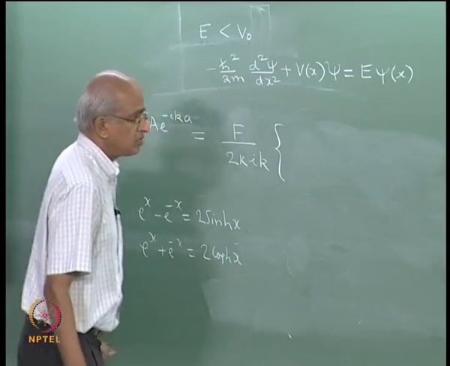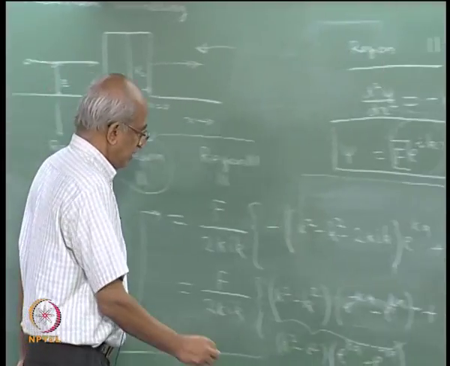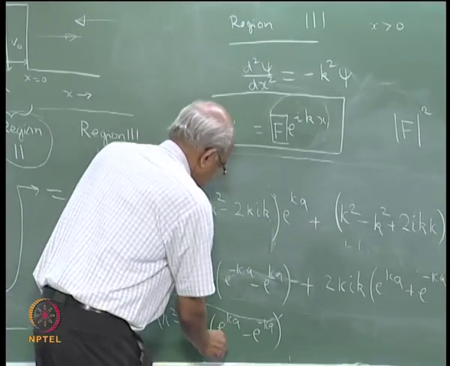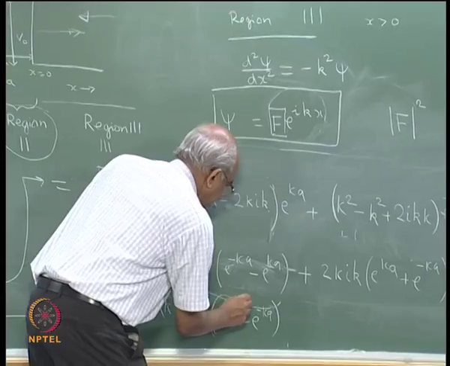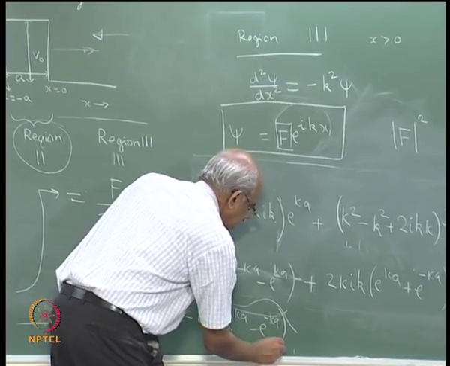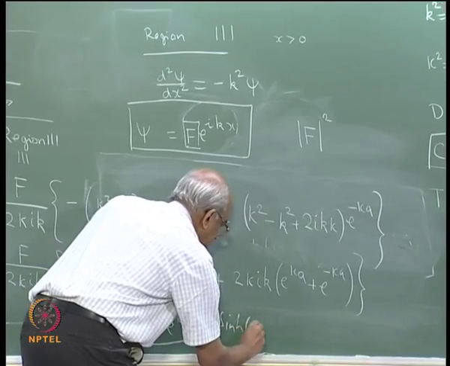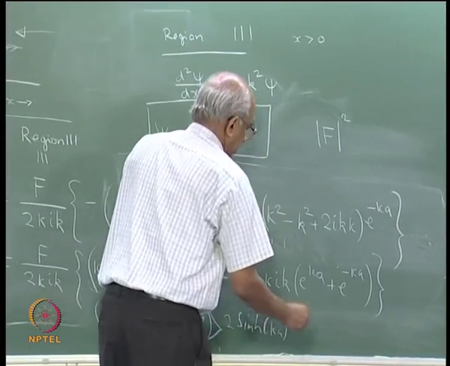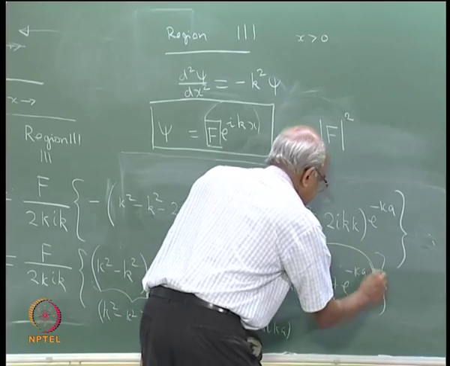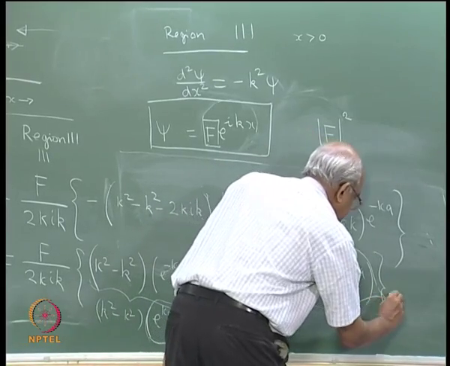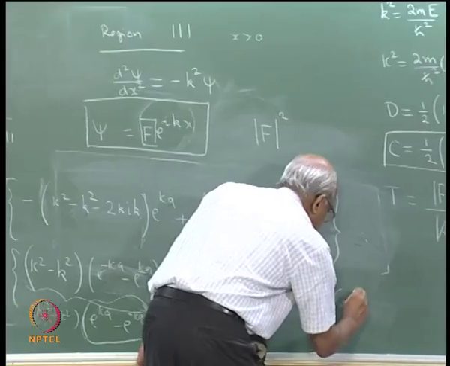So, I am going to make use of these two equalities, which actually means that this object which is sitting here can be written as 2 sinh kappa a, and this object that is sitting there can be written as 2 cosh kappa a.